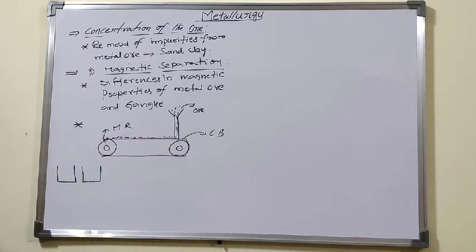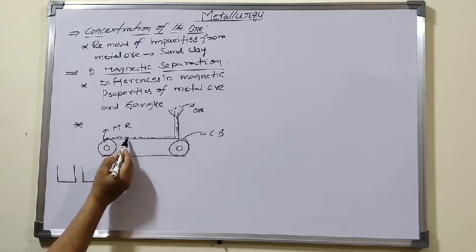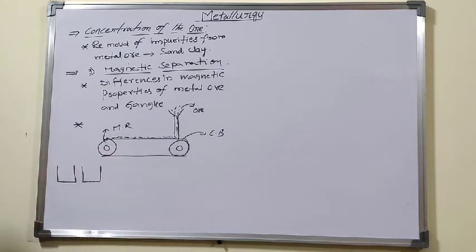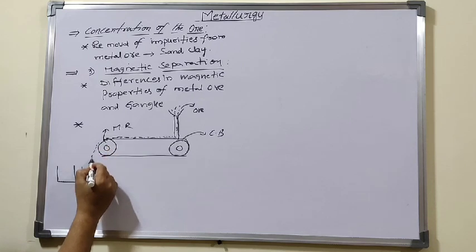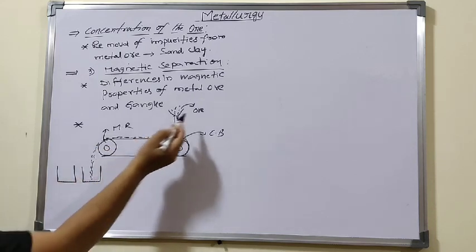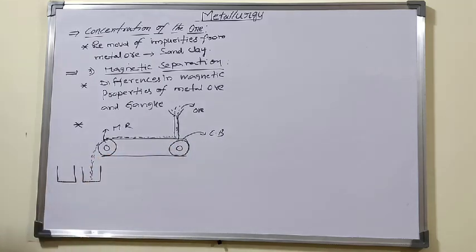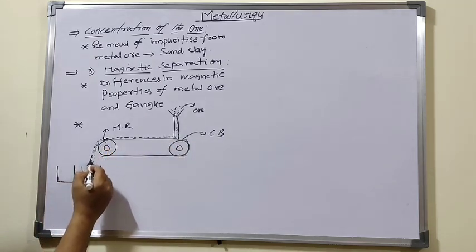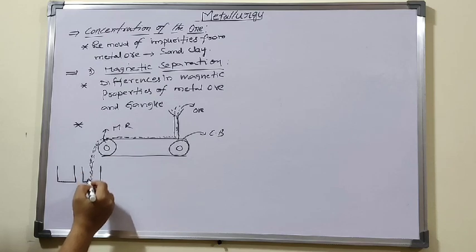If the ore has magnetic particles, those will be attracted by the magnetic roller and collected here.